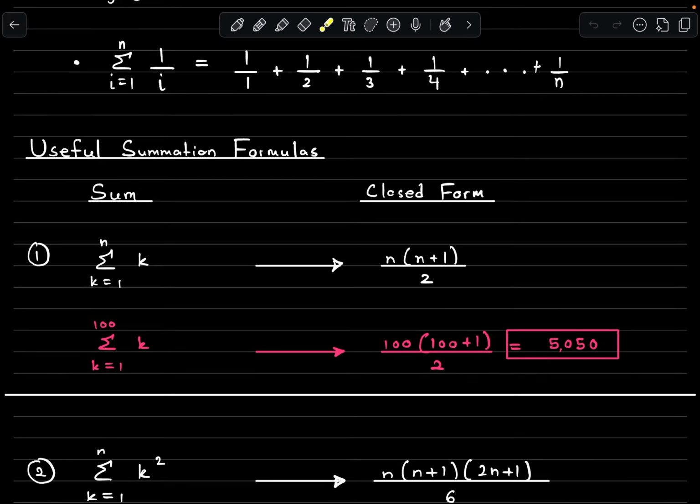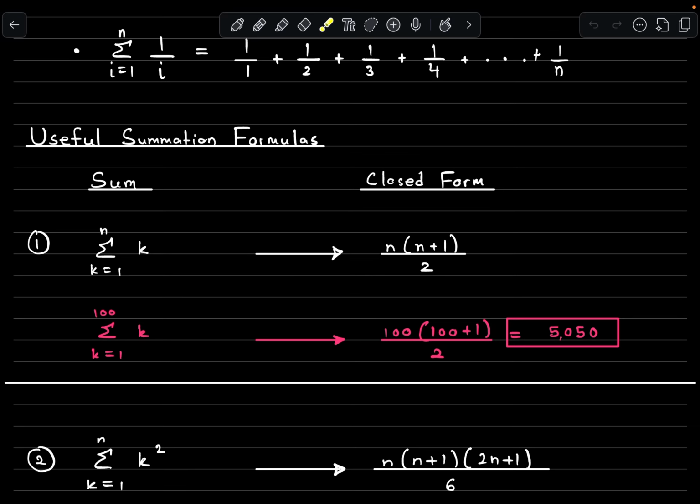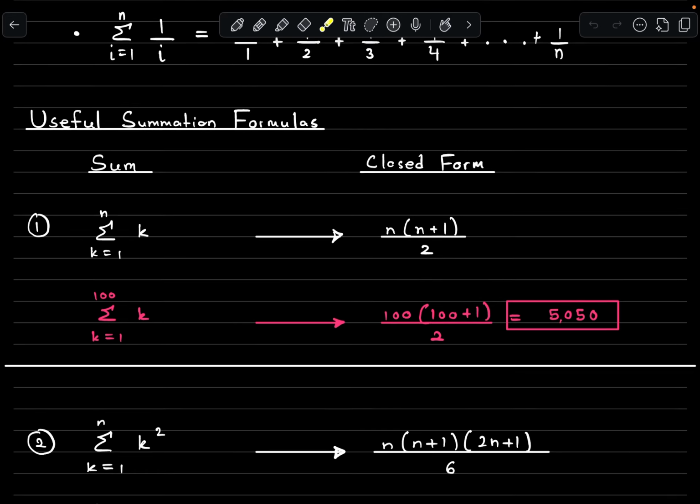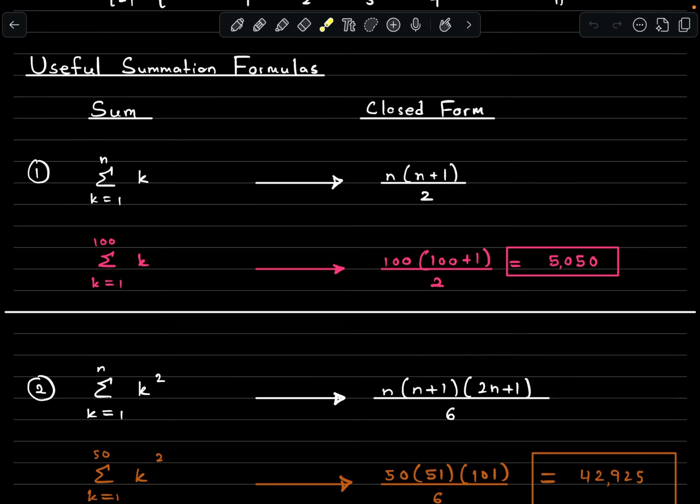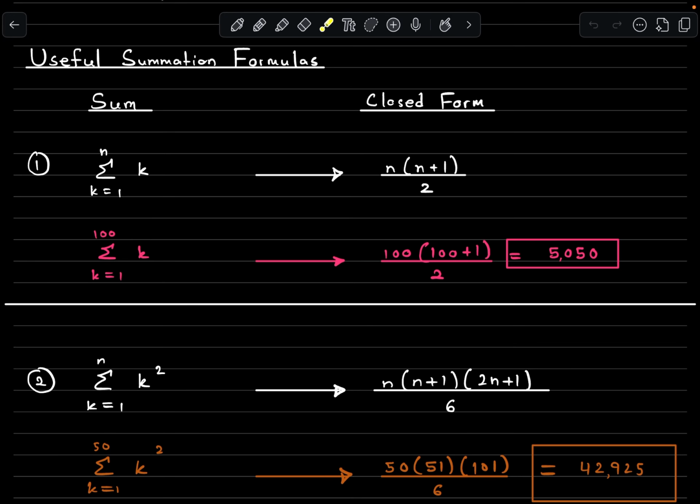Okay. Similarly, you can do something very similar with the sum of k squared from 1 to n. And this is going to come out to n times n plus 1 times 2n plus 1 over 6. Okay, so for example, if your n is now 50, so summation from k equals 1 to 50 of k squared is going to come out to 50 times 51 times 101 over 6.